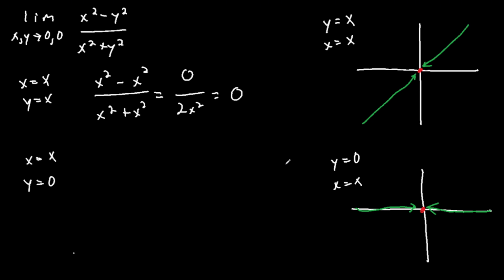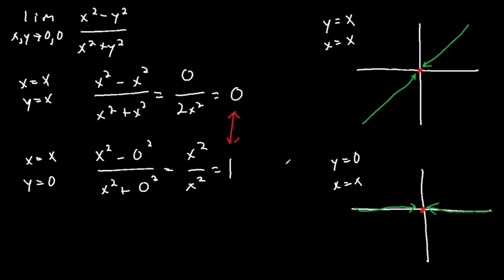So if we try this, y is equal to 0. We plug in 0 for y, and get x squared over x squared plus 0 squared, which is equal to 1. Do you see these values again? 0 does not equal 1.